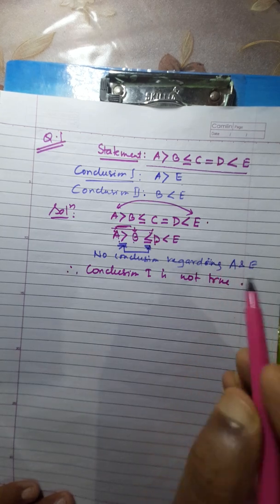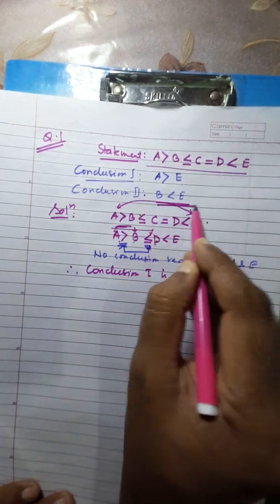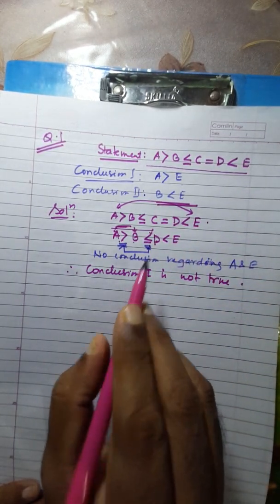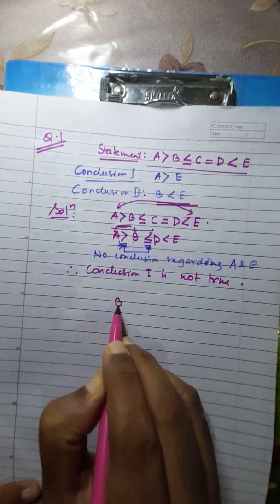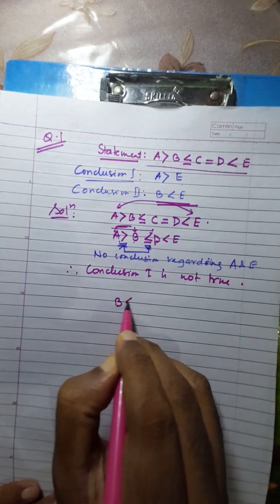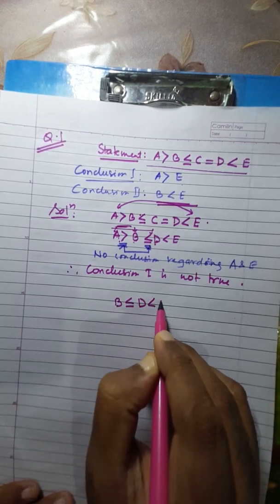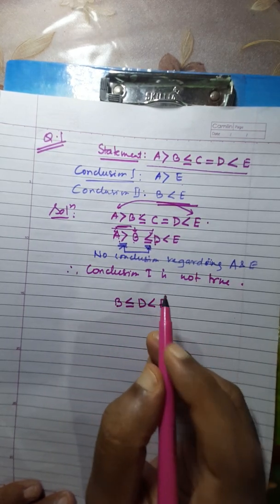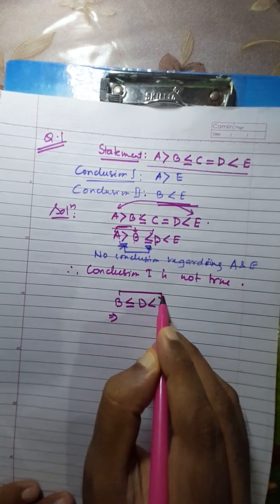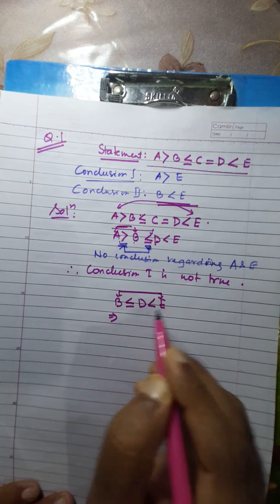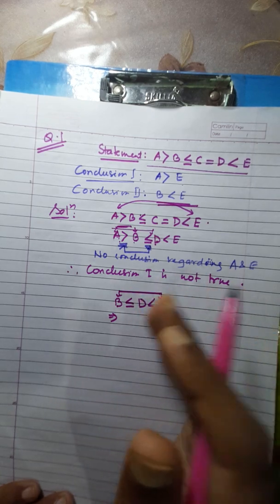Okay. Next is B is less than E. So B and E we have to relate. B is less than or equal to D, and D is less than E. From here what can you say? They are all in the same inequality direction.